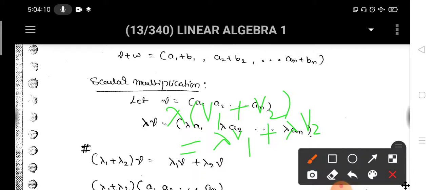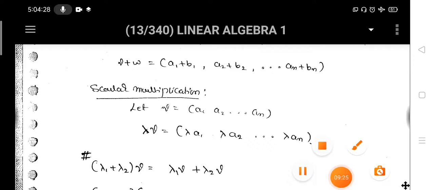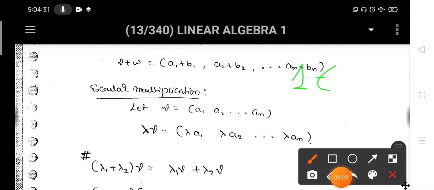Similarly, for any vector you will always have 1 belonging to the field, such that 1 into that vector will always be equal to the same vector. So unity will be there.